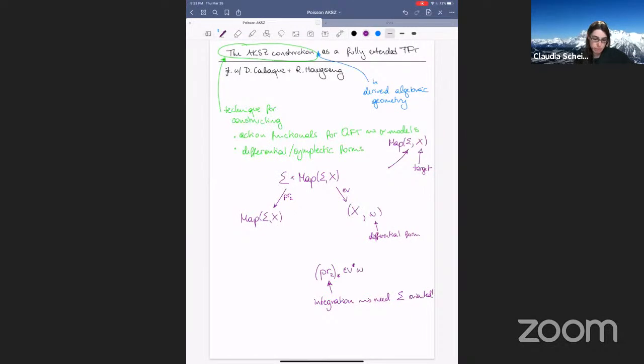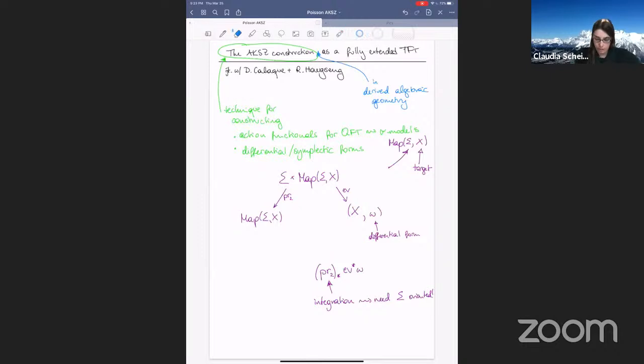Okay, I should mention some examples of such a situation. Where does this actually appear? Where did this originally appear, the original AKSZ construction? So some QFTs where the action functional is obtained this way are Chern-Simons theory, the Poisson sigma model, and the Courant sigma model. And I'm sure, I can't see the list of the participants, but I'm sure some of the main key authors are in the audience here today.